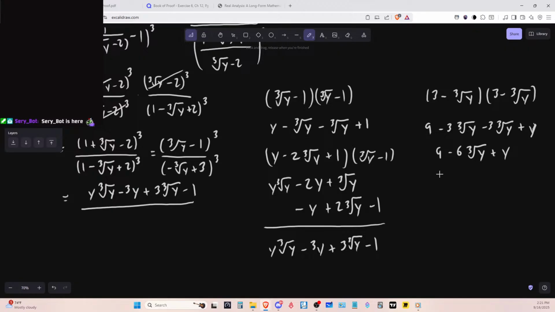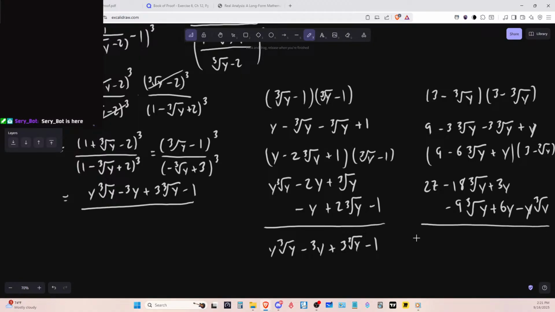then after that we have to multiply the last one, which is, okay, so multiply that by 27, 18, and then negative, then 6y, and then minus, okay, 27, plus 9y, and y.